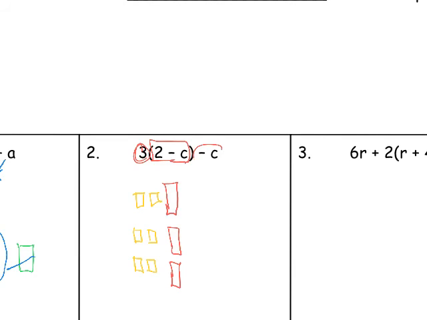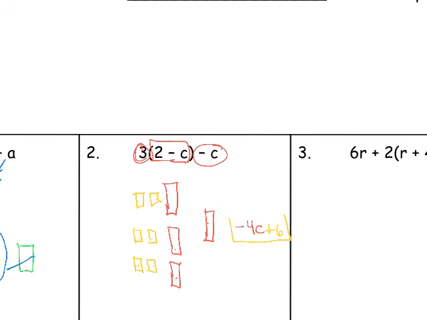But let's not forget, I have 1 more negative variable tile. So now I combine all my like terms. What do I have left? What do I have total? Well, I have 1, 2, 3, 4 negative variable tiles, and 1, 2, 3, 4, 5, 6 unit tiles.